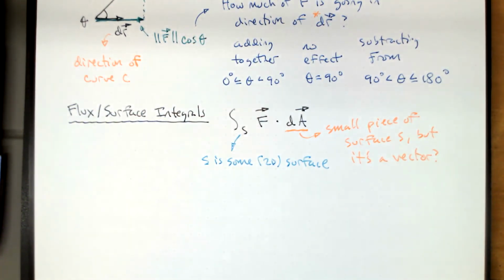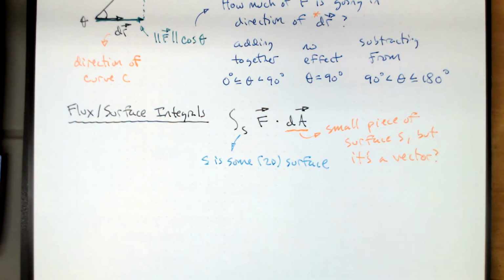It's involved in a dot product. I wrote an arrow over the A. It's a vector, so it's not just the area of the surface; there's some vector attached to it. We're calculating the dot product of the vector field at that point and this vector representing a small piece of the surface.